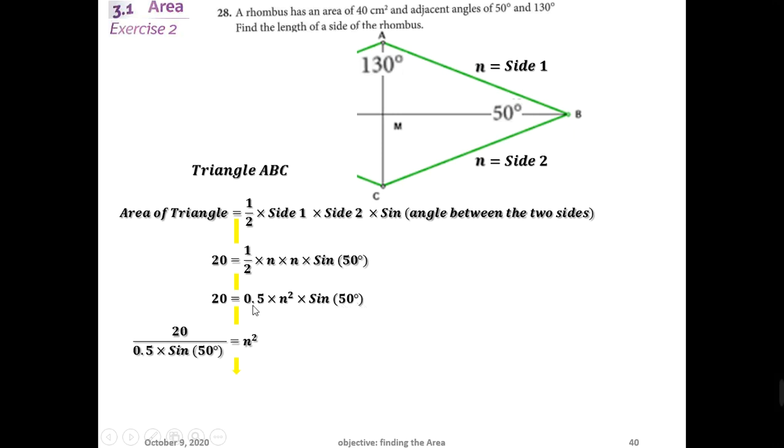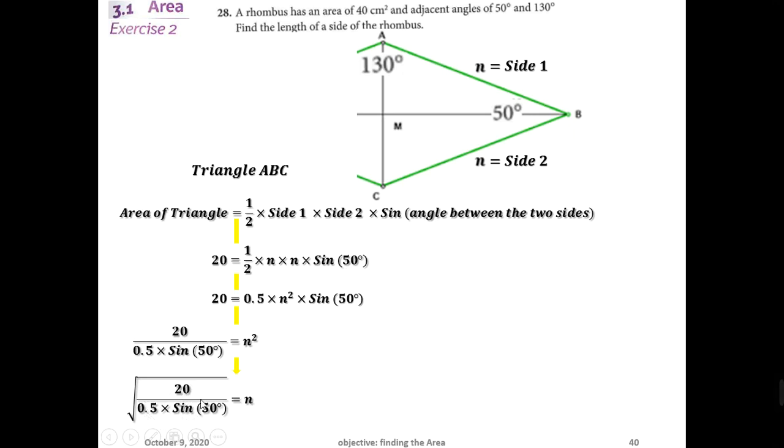Because if you insert 0.5 times sine of 50 into the calculator, you're going to end up with one decimal number. But we don't want to use the calculator yet. So we're going to get rid of 0.5 and sine of 50. So this is n squared, but we're calculating for n. So we're going to square root each side as following.